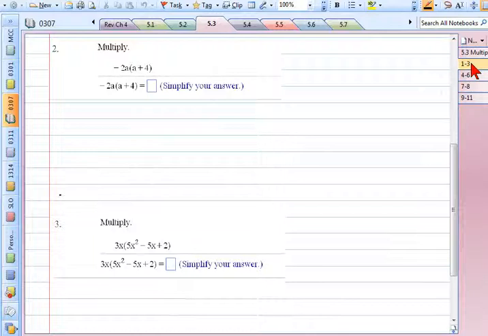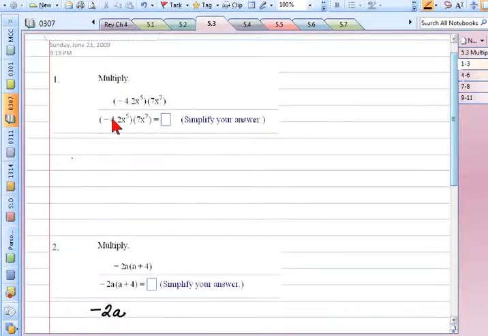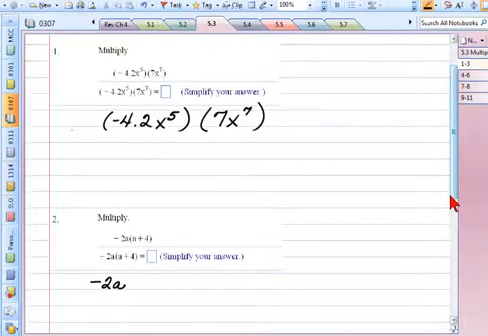All right, the first problem. Whoops, this is actually number 2. Let me scoot up. Here's the first problem. I have in parentheses negative 4.2 x to the fifth times 7x to the seventh. Not really sure why they chose to use a decimal in there, but it doesn't matter.